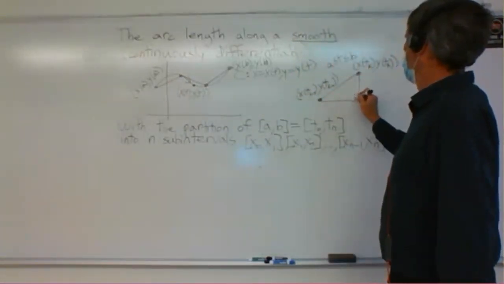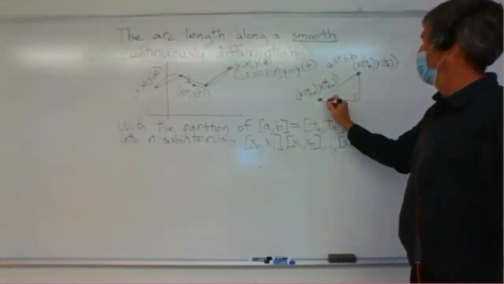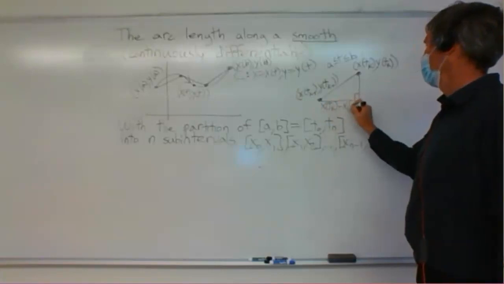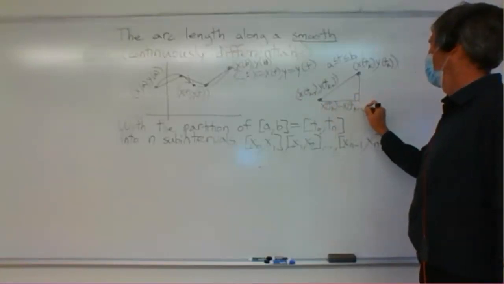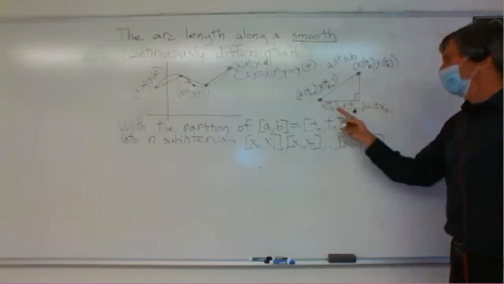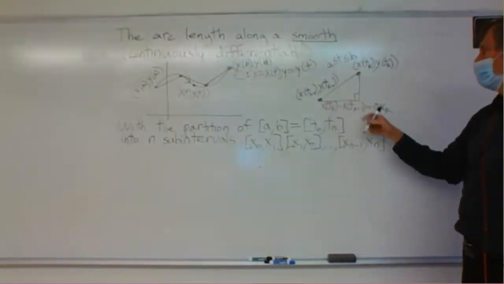I can say, well, this is the difference in the x-coordinates, x of tk minus x of tk minus 1. I could also call that delta xk, the length of the kth x increment.